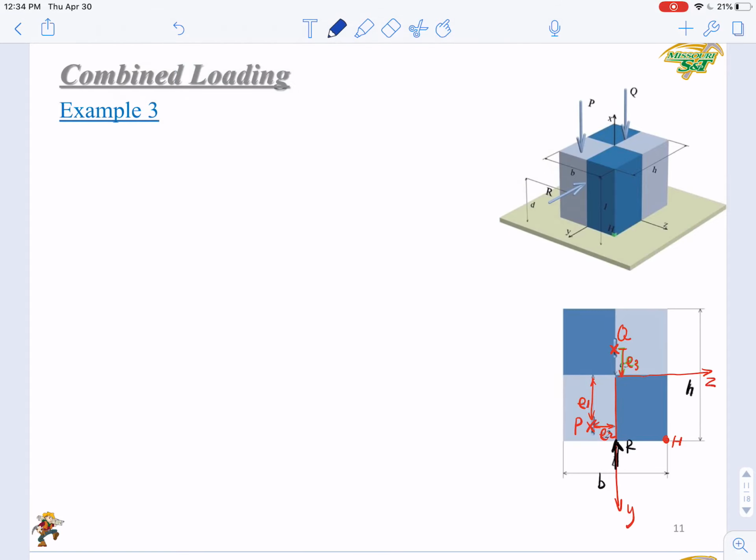Okay. Then our first step is to cut a YZ plane at point H, like what we have just done, and then analyze the internal forces. Let's analyze the internal forces. So here we have 3 forces, so we need a bigger table, right? Use a bigger table to analyze all possibilities.